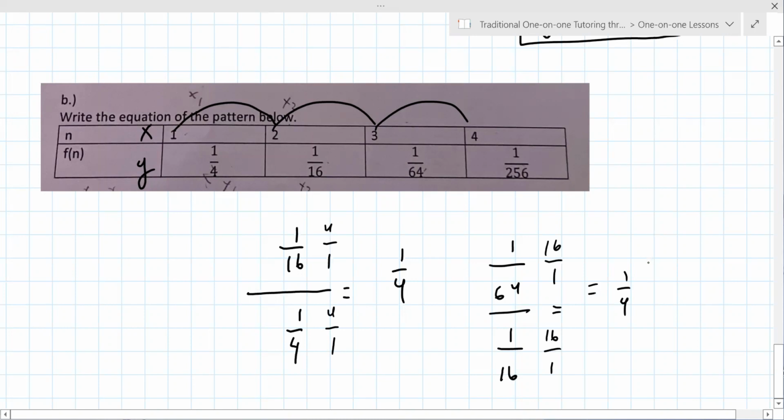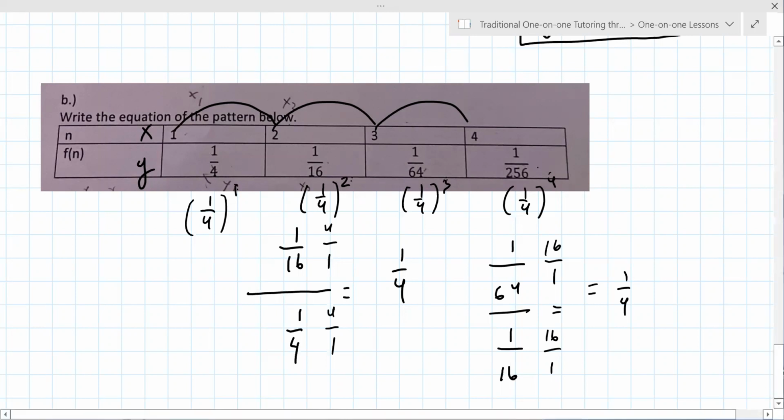Now, why do we need that? Because it's an exponent. It's 1/4 squared, 1/4 cubed, and 1/4 to the power of 4. So notice the X value is in the exponent now. Yes. And the Y value is just 1/4.